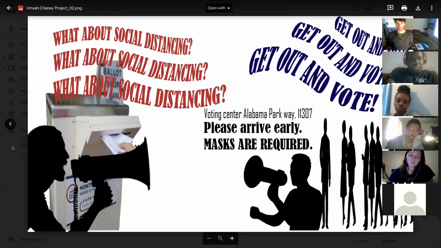Okay, so has the Republican been saying, what about social distancing and being concerned about the virus? And the blue, the Democrats, have been saying, get out and vote? Yeah, I think it's the opposite way around. Almost the opposite, right? At least the social distancing concerns would be Democratic primarily.